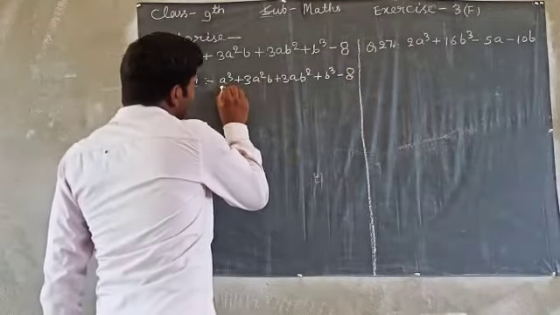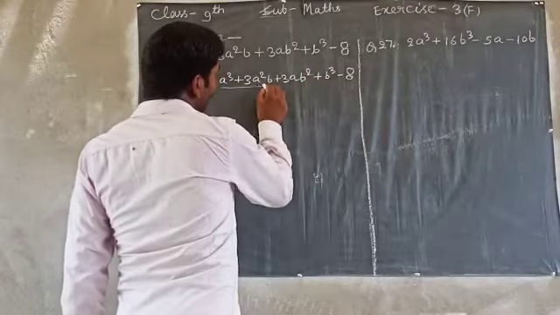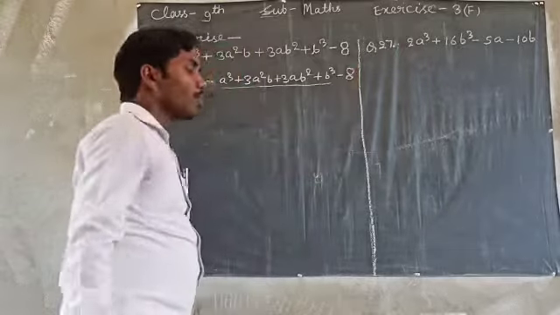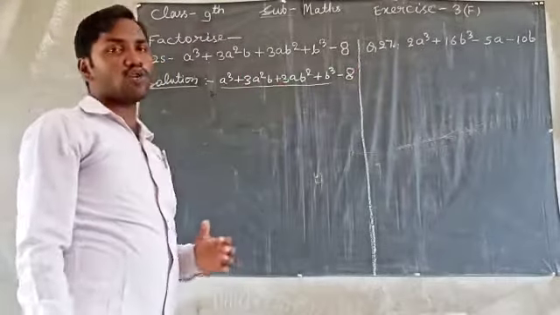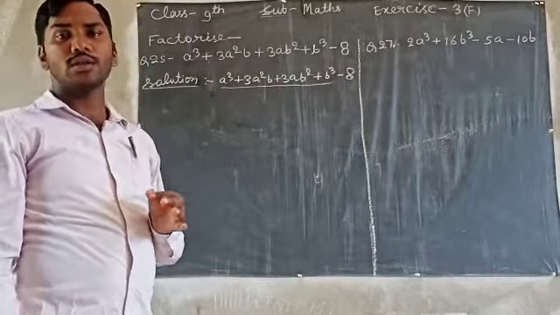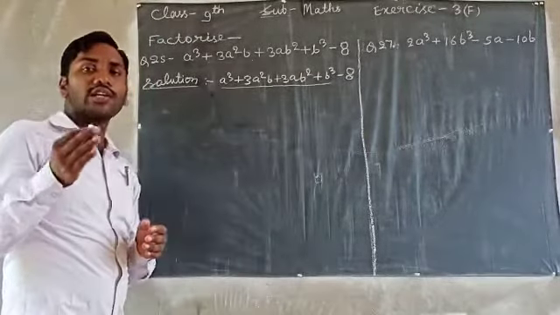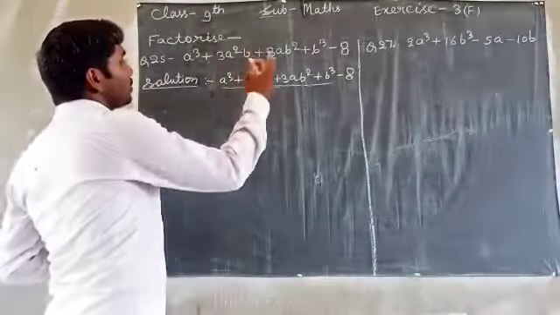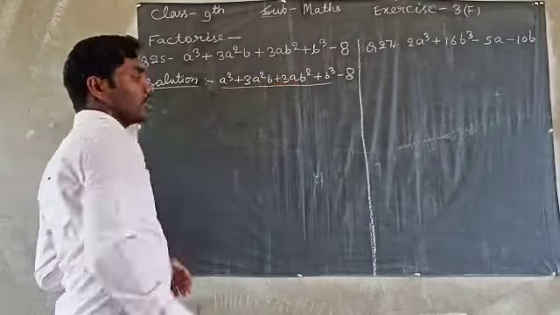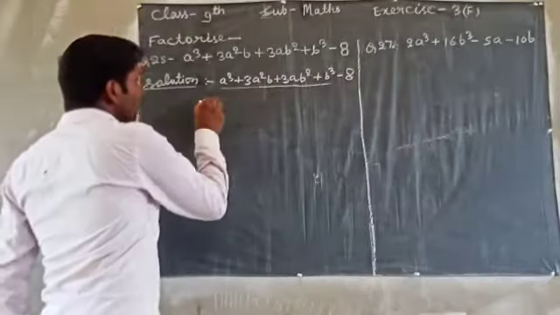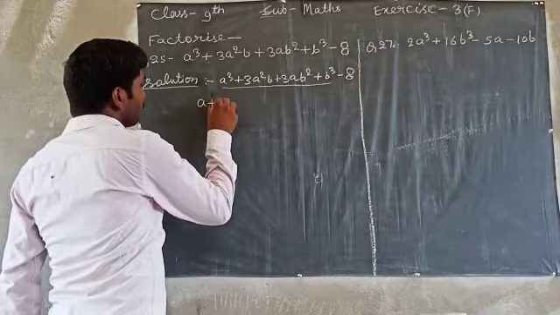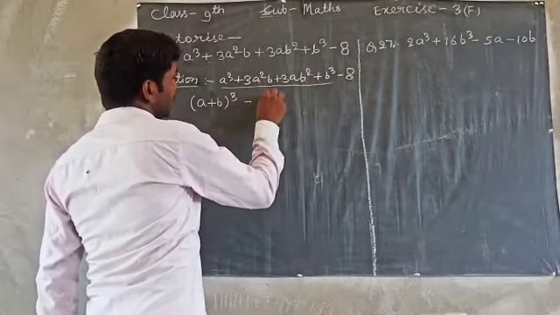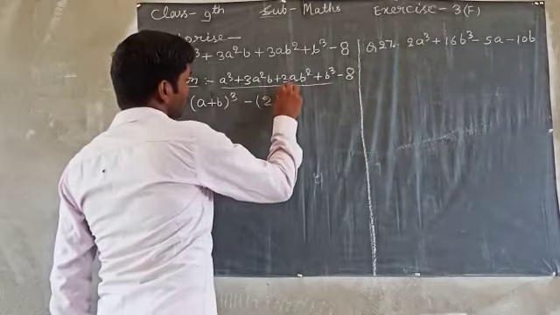As you can see, a cube plus 3a square b plus 3ab square plus b cube is the whole cube of a plus b, because you already know the formula that (a plus b) whole cube is equal to a cube plus b cube plus 3a square b plus 3ab square. So this is the whole cube of a plus b, and 8 is the cube of 2.